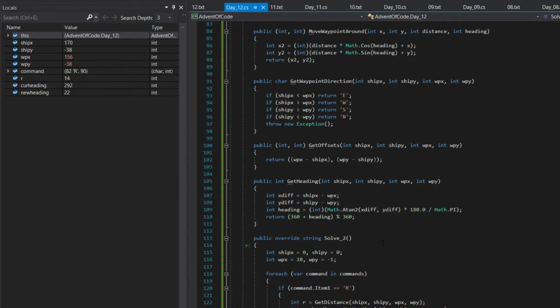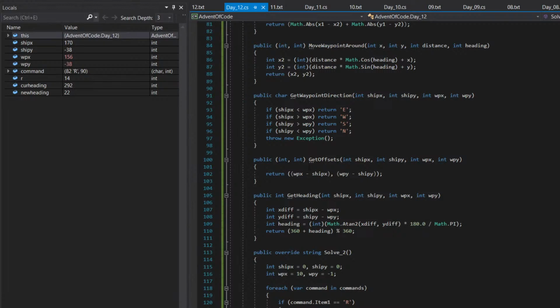Move waypoint around, which was, we give it our ship's position, we give it the distance of the ship and the waypoint, and we give it a heading. So does that make sense? 292, the new heading is 22 degrees from this ship.